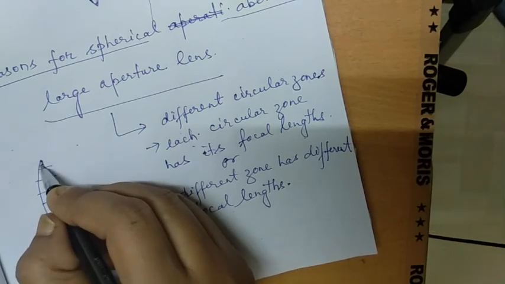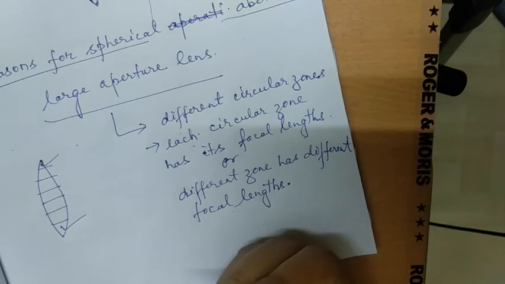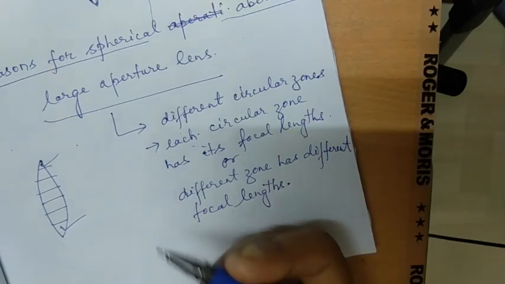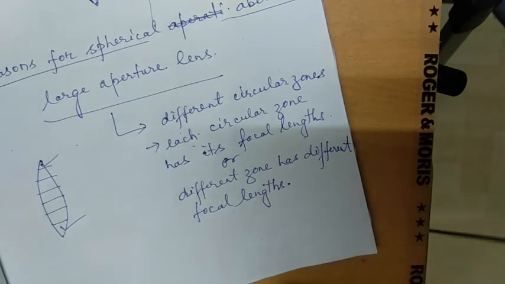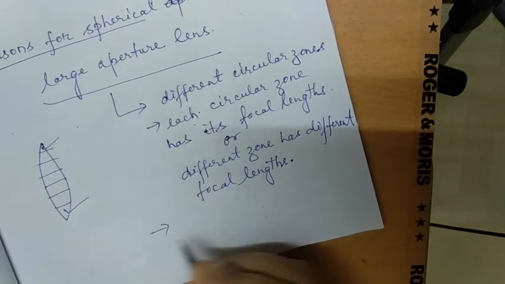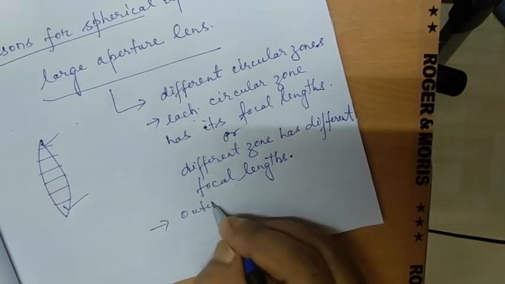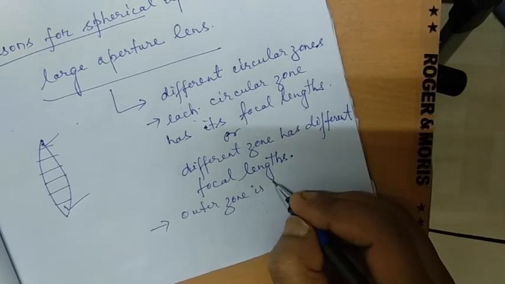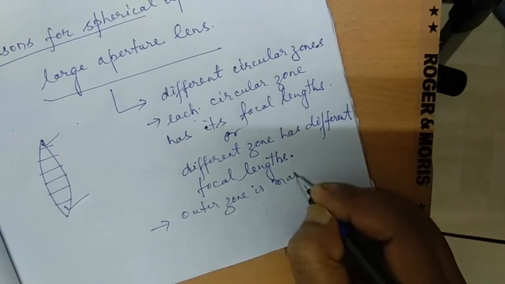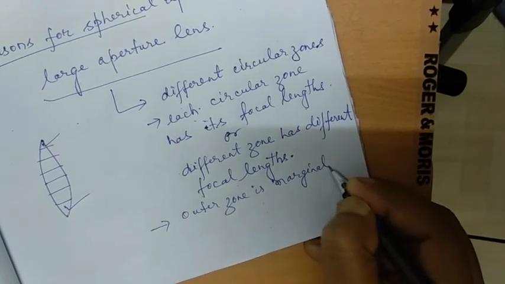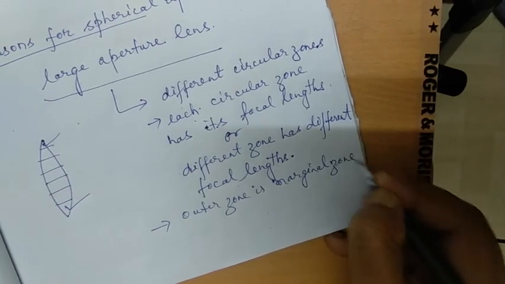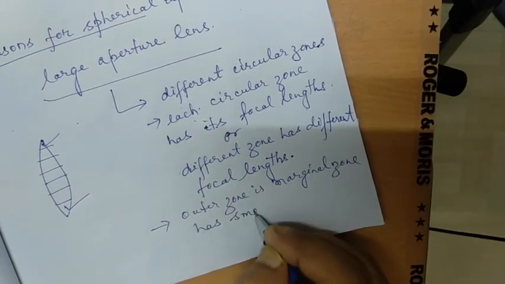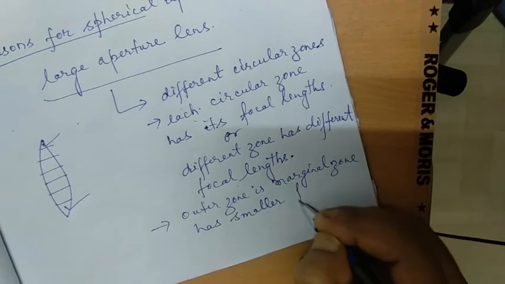The outer zone, meaning this and this, is your marginal zone and has smaller focal length.